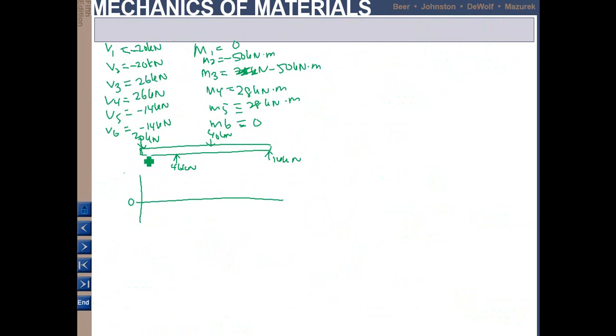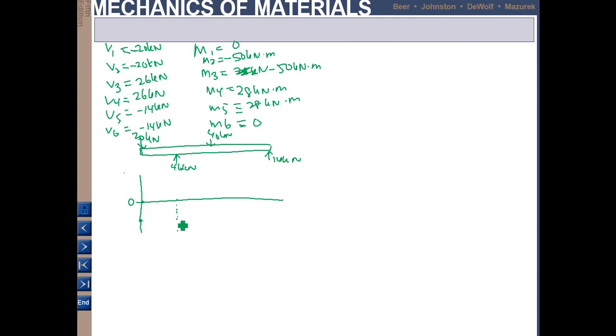So this is point 1 in here, and then point 2 is 20 kilonewton, let's say in here, and then V2 is around here.